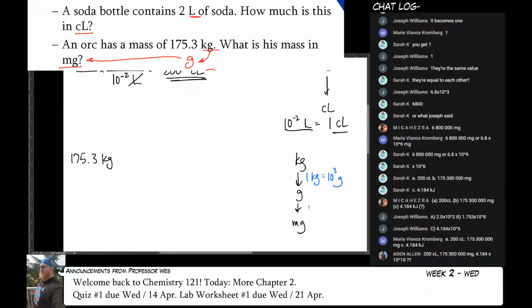And I know that a milligram is 10 to the minus 3 grams. So what I could do is turn kilograms into grams, and then I would get some number of grams, and then I could just turn that into milligrams like this, right?